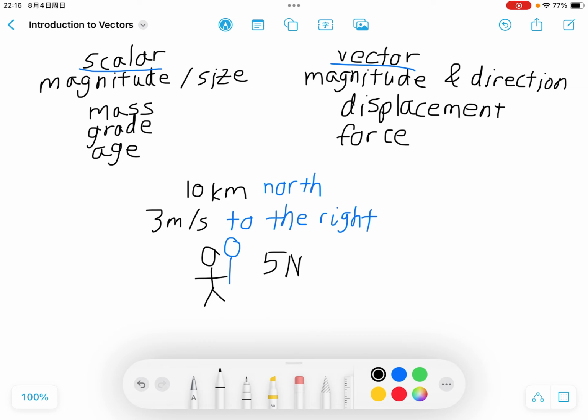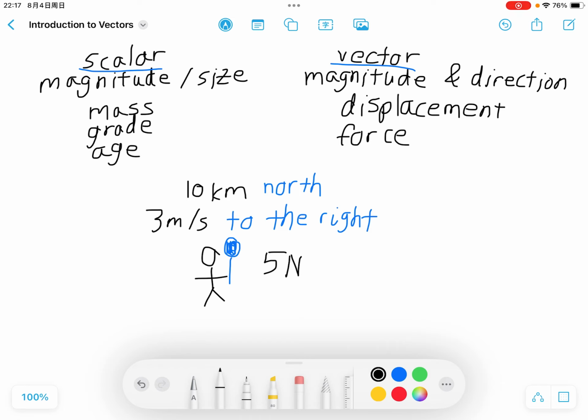I'm not exactly sure, but okay, let's just say it's 5 newtons of force. So this is a scalar quantity because we know that Tom used 5 newtons of force to pull this balloon down, yet we're not exactly sure where the force went. What if he's doing a handstand and he decided to pull the balloon down in the other direction? So we don't exactly know which direction this 5 newtons of force is applied to, so this is a scalar. It only has magnitude.